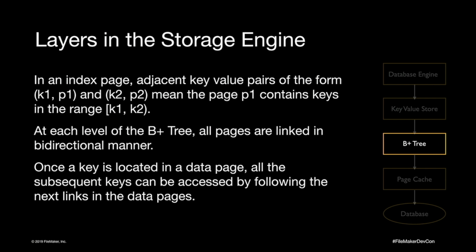For example, if you have 2 adjacent pairs, key K1 with page number P1, and key K2 with page number P2, and you are looking for a key greater than or equal to K1 but less than K2, then you look in child page number P1. That's how you keep traversing from the root page, descending through all the index pages, and finally you reach the data page where you actually look up the value of the particular key.